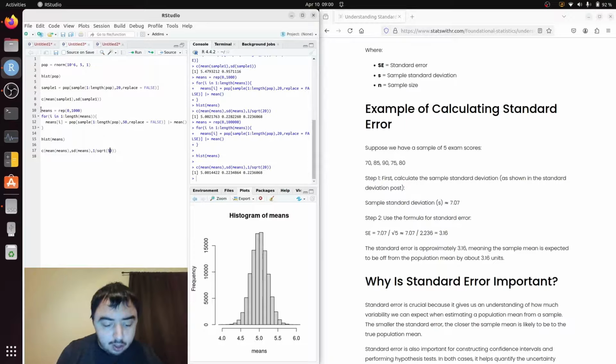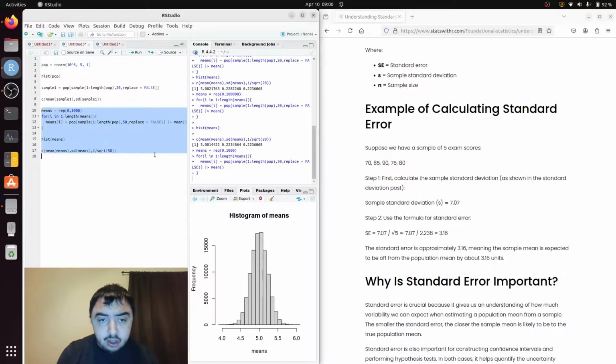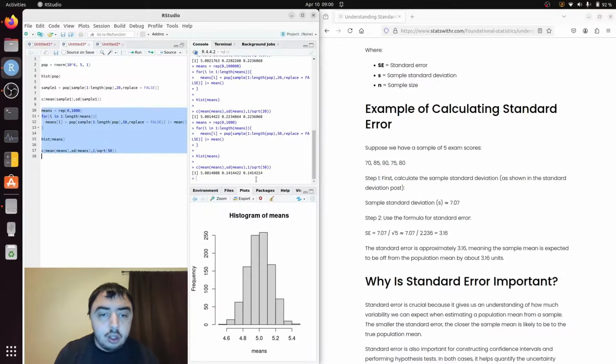Whatever 1 divided by the square root of 50 is. And I don't know what it is, and I don't need to know what it is. It's 0.141, apparently. And the histogram became even more narrow.